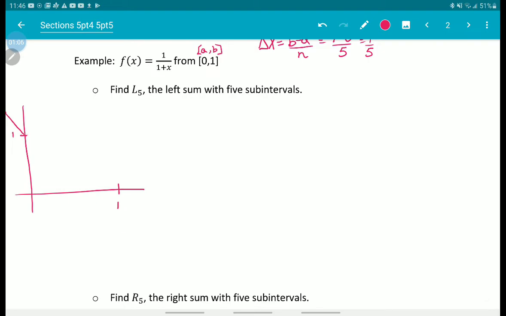It looks something like this. And I'm splitting this interval from 0 to 1 into 5 pieces. I'm going to have 1/5. I'm going to use decimals because these are nice decimals: 0.2, 0.4, 0.6, 0.8, and then 1.